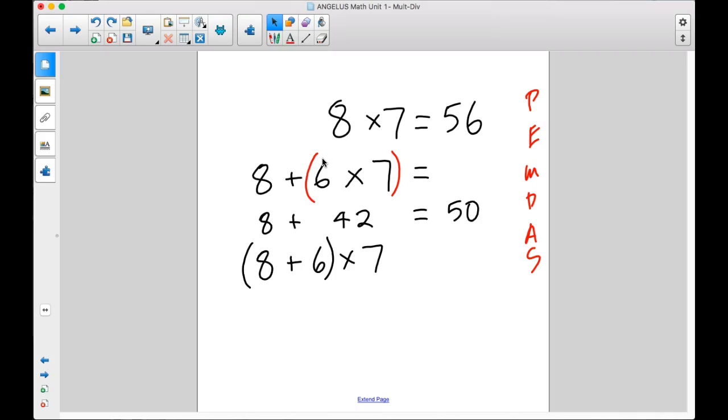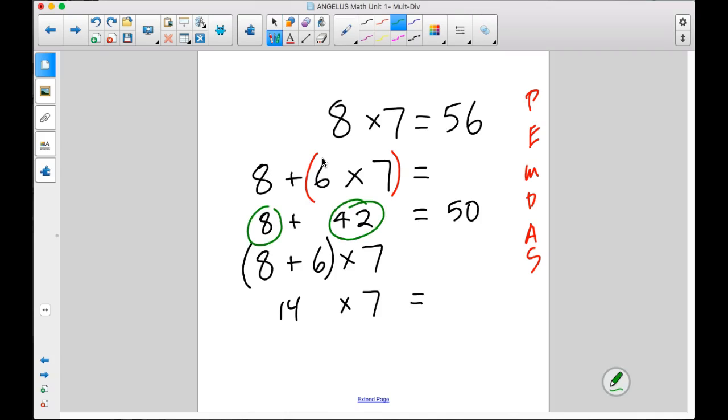So 8 plus 6, all right, we have a 14. Now, if you look at it, what we had before was an 8 and a 42. Now we have a 14 and a 7.